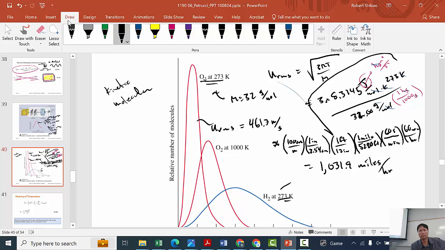So, how come we're not being killed by oxygen gas? Because the kinetic energy is equal to 1/2 mv squared, and the mass is so light. So the energy is very small.